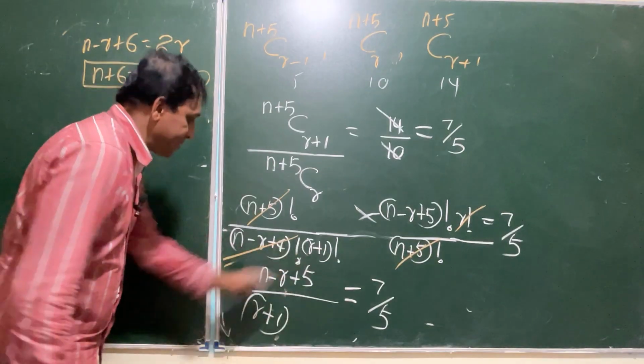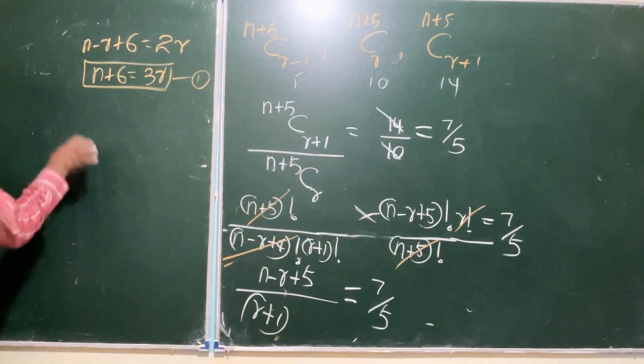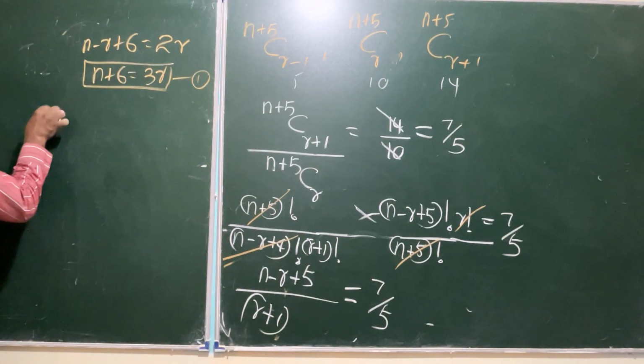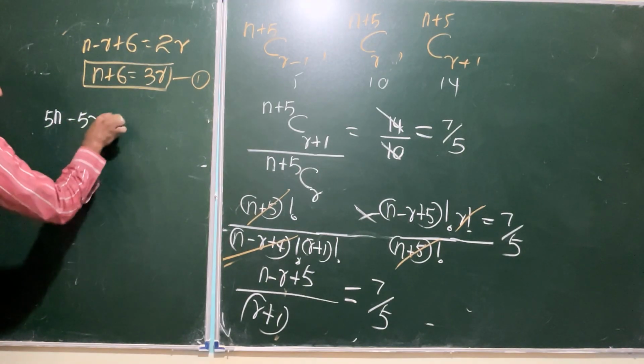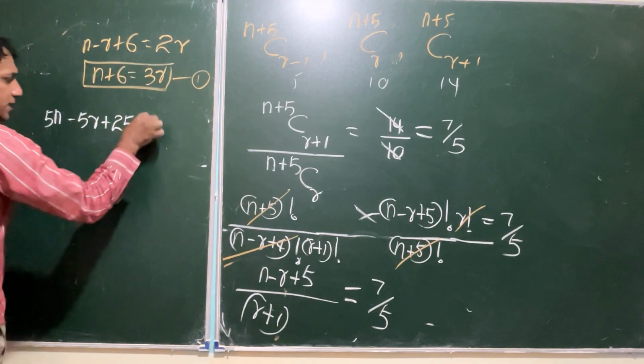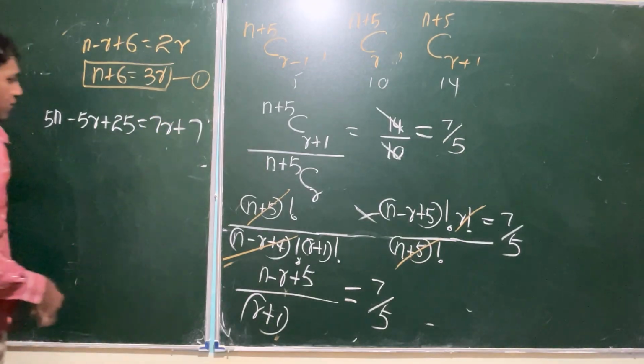So can I rearrange and get the second equation? Cross multiplying: 5n minus 5r plus 25 equals 7r plus 7, right?